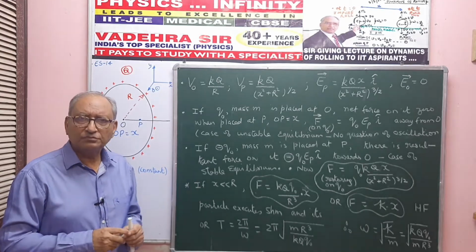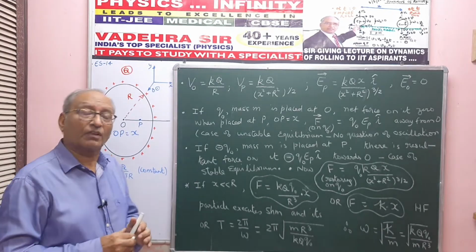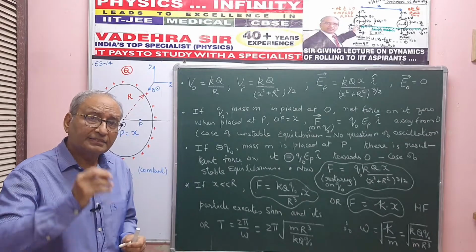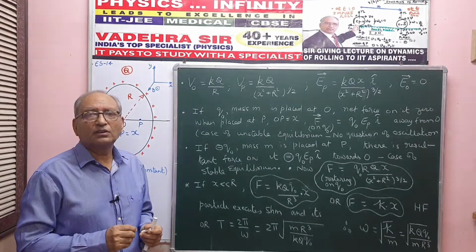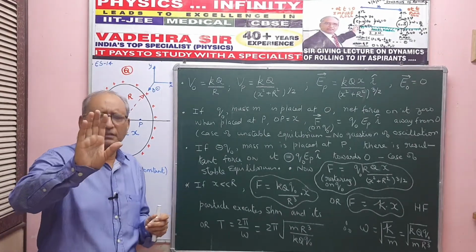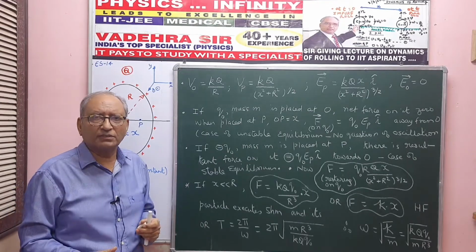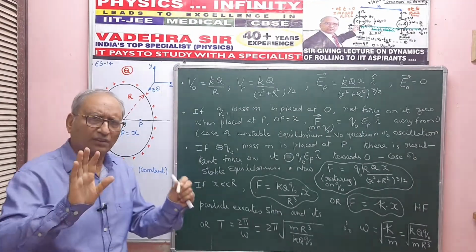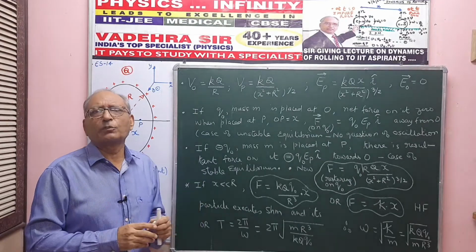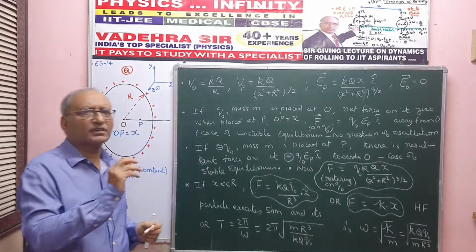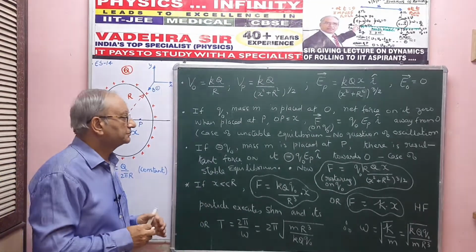Net force 0 is a condition of equilibrium. I will use the word mean position in the case of the oscillation. Right now, let us say this is the equilibrium position. So the center of the ring is the equilibrium position.